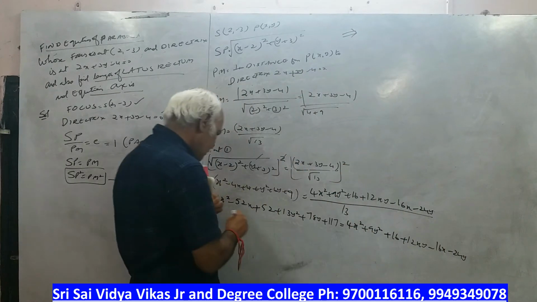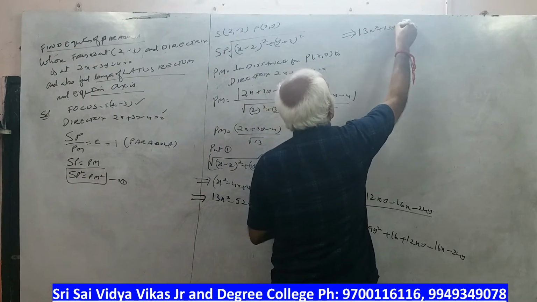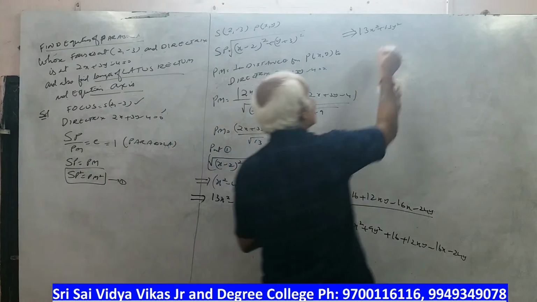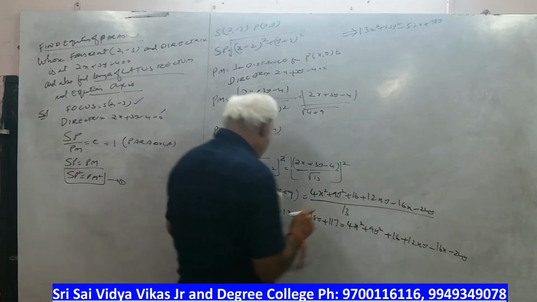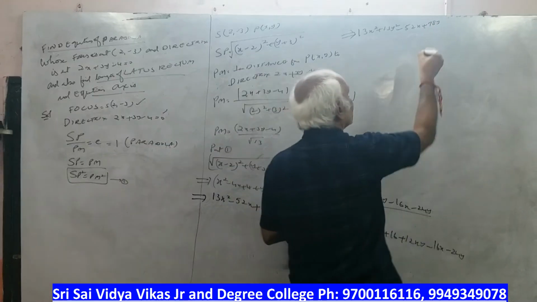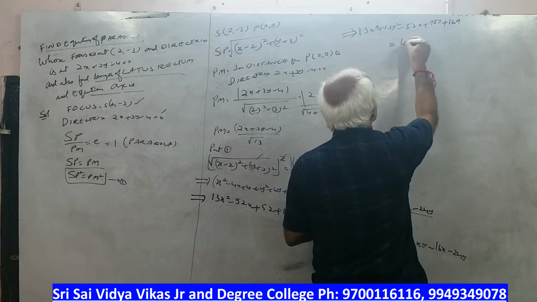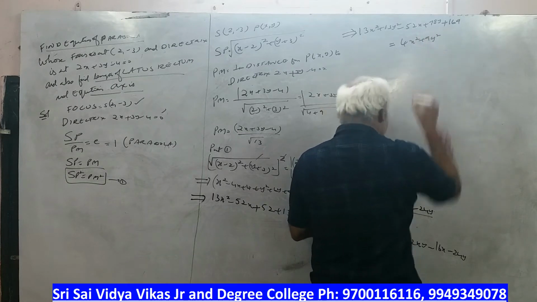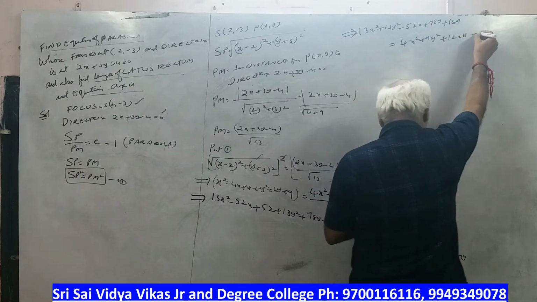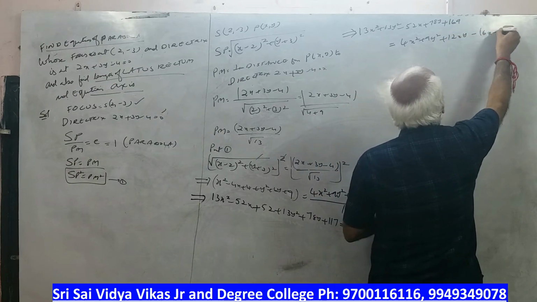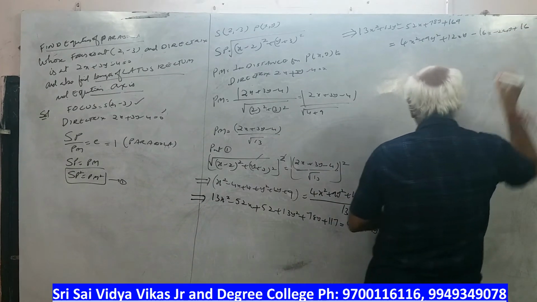So 13x square plus 13y square as is, minus 52x plus 78y, and 52 plus 117 is 169, is equal to 4x square plus 9y square plus 12xy minus 16x minus 24y plus 16.